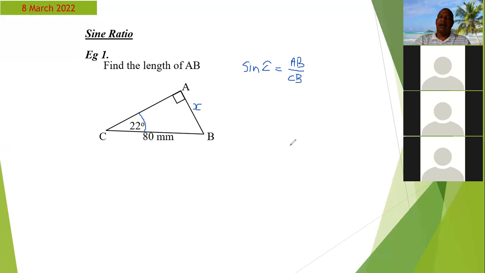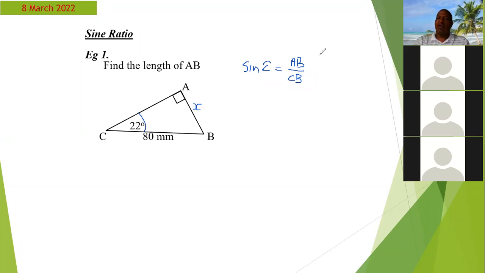All right. Now, once you write down the ratio, all you're going to do is substitute the side that you're trying to find and the value that you know for the side given. So you know that the hypotenuse is 80. You know that the side that you're trying to find is the opposite, which is X. And you know that the angle is 22.